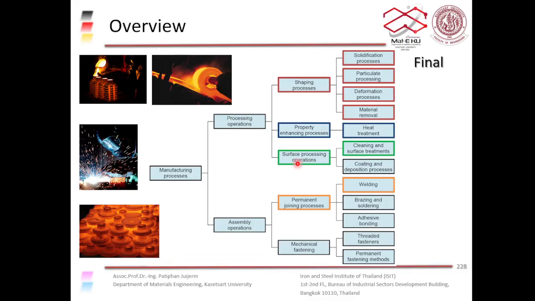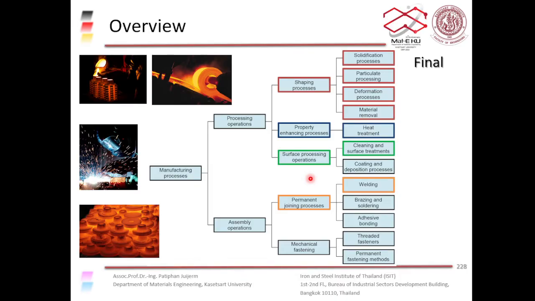The purpose of surface process is to produce a better surface in terms of aesthetic. I mean to be nice to look at, and also a better surface gives you better performance. For example, you might recall when you learned about the mechanical properties and fatigue of metals.